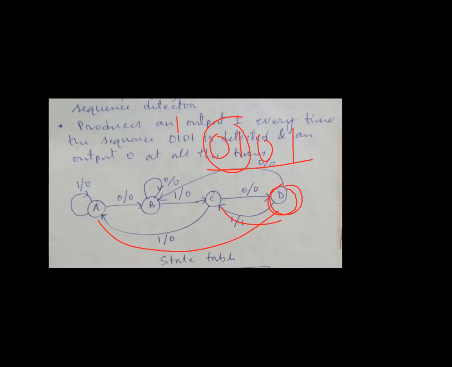Otherwise, if partial bits can repeat the sequence, we go back to an intermediate state. In this case, only partial bits 0, 1 are enough to repeat the sequence. That's why for D, for input 1, we are going to C, not to A. Okay.